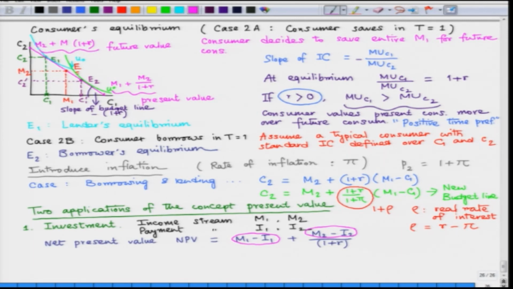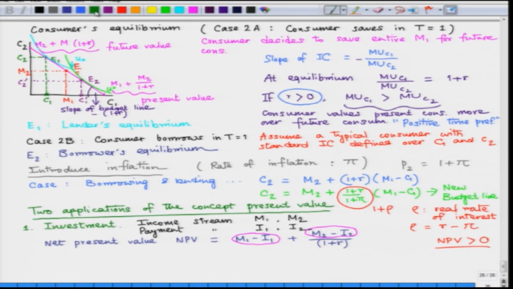Of course, the consumer will benefit if the net present value results into a positive number. So, that means that the future value of the cash inflows is higher than the future value of the cash outflows. So, in that case the consumer makes a positive return out of the investment.